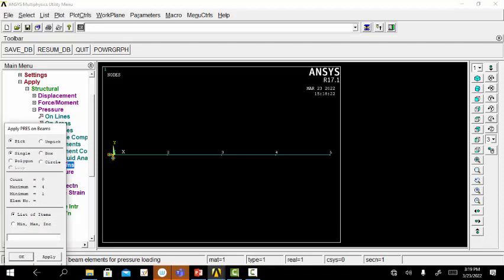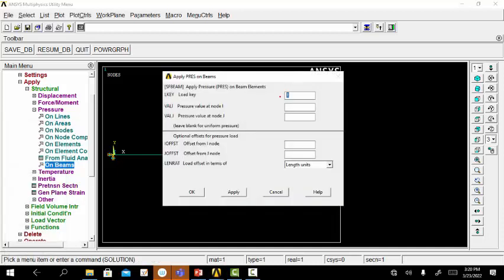So first select the last element. Okay, the load key is 2 to define the direction of the uniformly varying load as minus y direction, negative y direction.